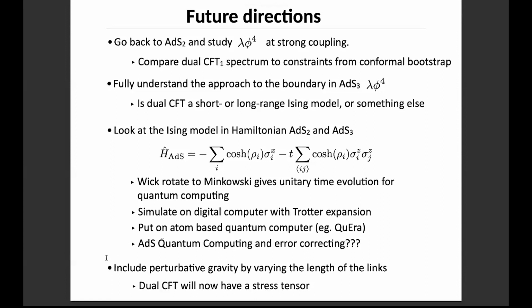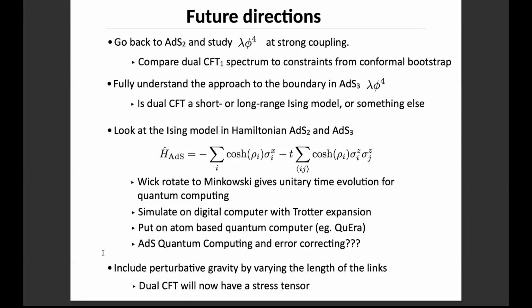This is more of an aspirational goal. It's very difficult, but you could, of course, include, since people are very interested in gravity, perturbative gravity by varying the lengths of the links, right? So when you do that, you're now inducing these fluctuations of the background space-time. And of course, we know from GR that the geometry and the matter are one and the same thing.